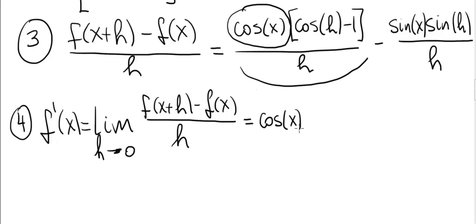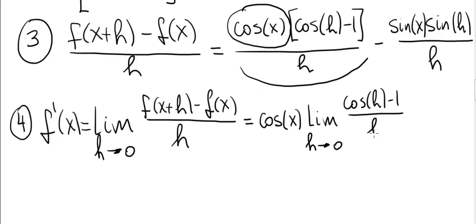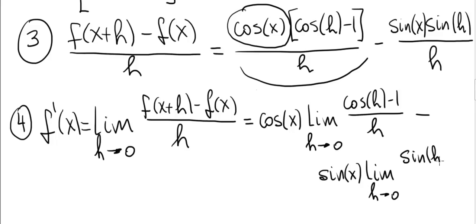Cosine of x times the limit as h goes to 0 of cosine of h minus 1, divided by h, minus, in the second part, sine of x doesn't have an h, so we can factor it in front of the limit: sine of x times the limit as h approaches 0 of sine of h over h.